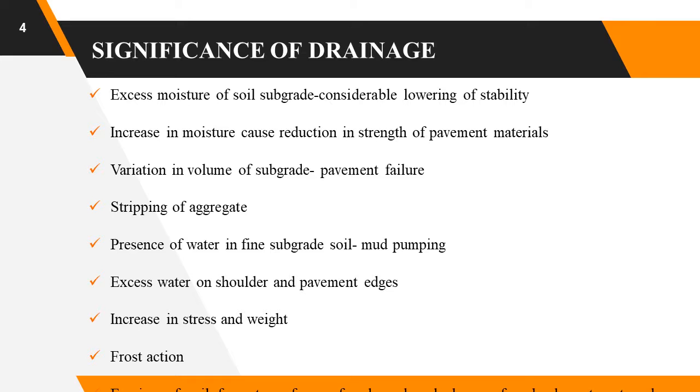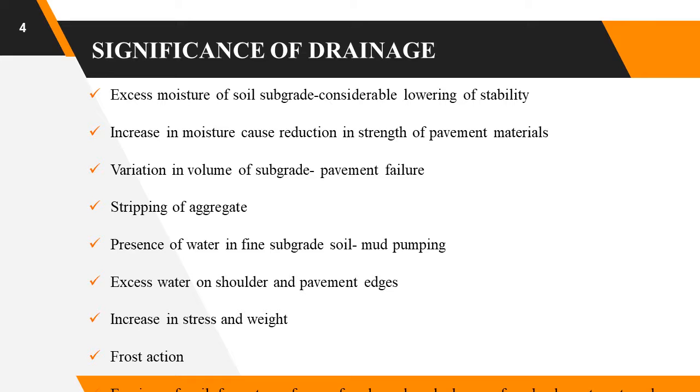Excess moisture causes increase in weight and thus increase in stress and simultaneous reduction in strength of the soil mass. This is one of the main reasons of failure of earth slope and embankment foundation. Next, frost action.